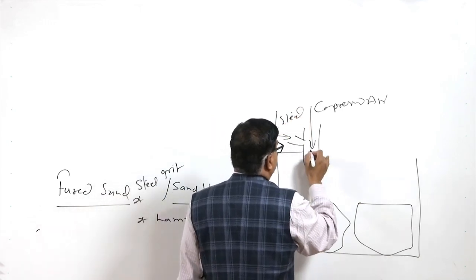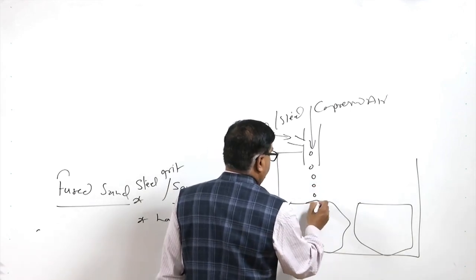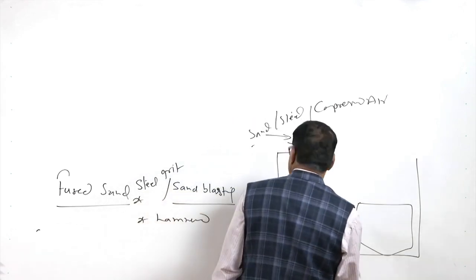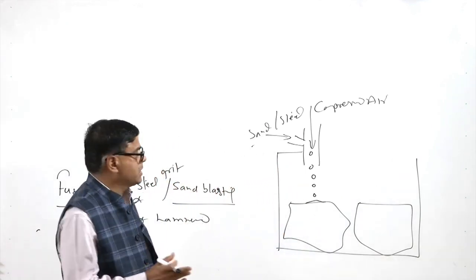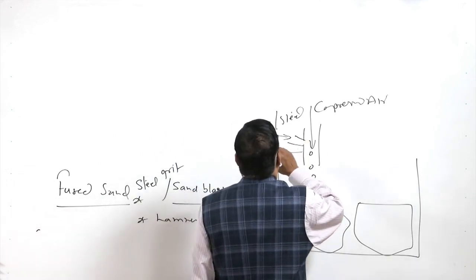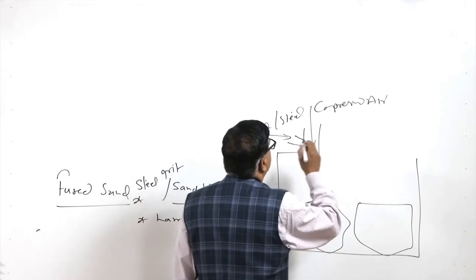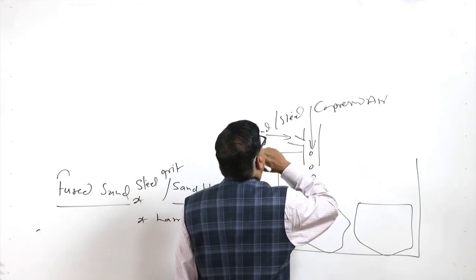So, these will be directed onto the surface having the fused sand. Not just the fused sand, but all the fine fins, the projections of the metal deposited at the parting line, all these will be easily removed when the sand blasting or the steel grit blasting is used.